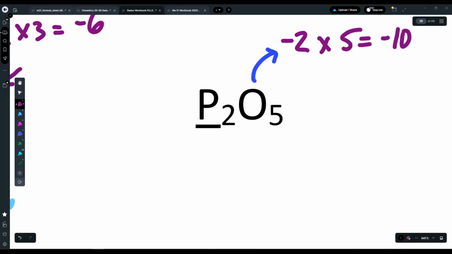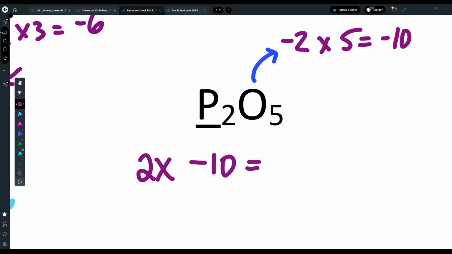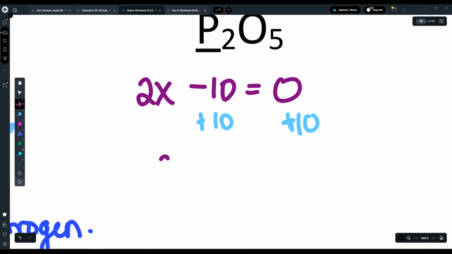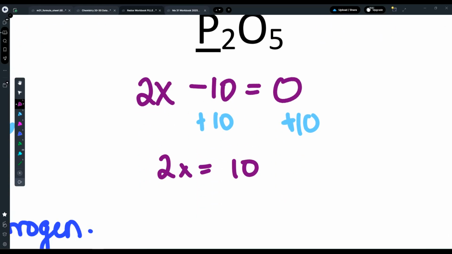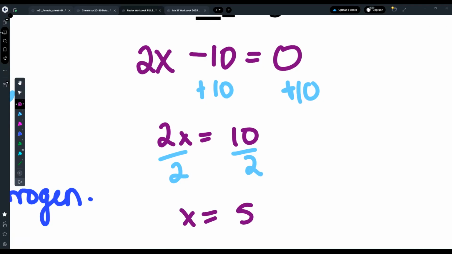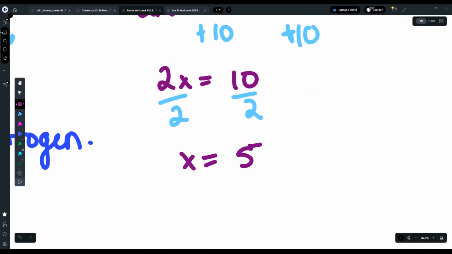And since we have 2 phosphoruses, which we don't know the oxidation state of, I'm going to represent that with a 2x. -10 is equal to, now this is a neutral compound, so I'm going to set it equal to 0. If we add over the 10, and then divide by 2 to isolate the x, the oxidation state for each phosphorus is +5.